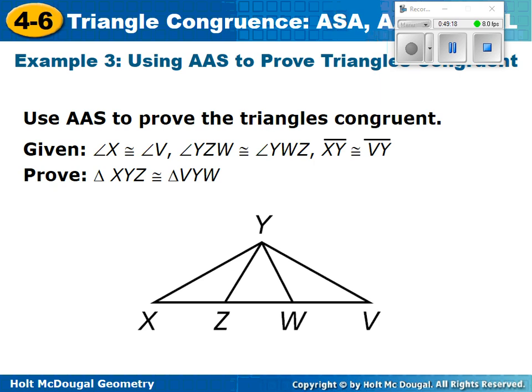Angle XZY and angle WZY are a linear pair. I'm starting with the ones on the left. So XZY and WZY. Everybody okay with that?